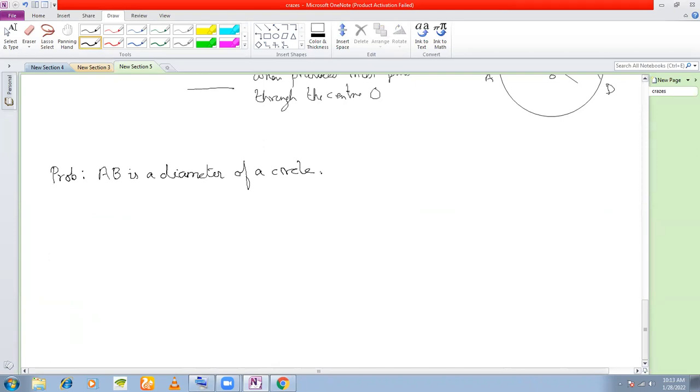M is a point in AB such that AM is 18 centimeters and MB is 8 centimeters. Find the length of the shortest chord through M.